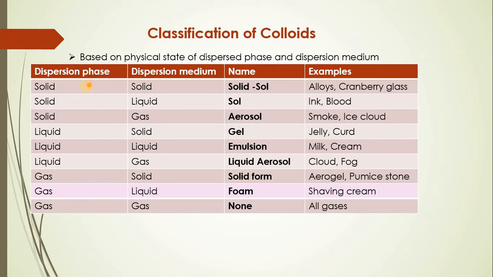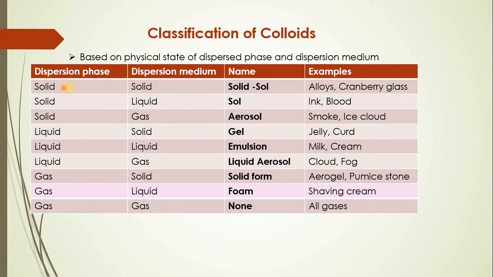Here, the state of the dispersion phase could be solid, liquid, or gas, and in the same way, the dispersion medium could also be solid, liquid, or gas. Depending on their combination, we can classify them as solid sol, sol, aerosol, gel, emulsion, liquid aerosol, solid foam, foam, or none. Now, to understand them, let us go into the detail.